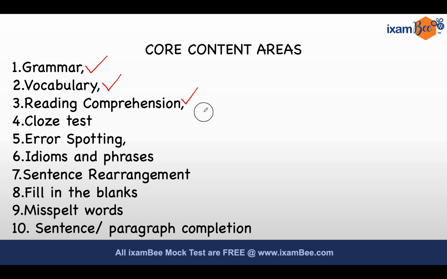Now you might ask me, what about the rest? This is basically an application of the concepts that you will be learning here. So this would be your concept area, and this would be your application-based area. Yes, so as with any exam, strengthening your concepts is the way to move ahead, right?